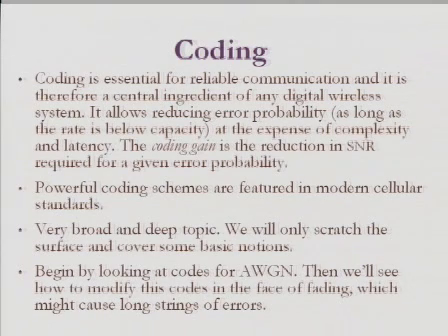So let me repeat. The question is, when we say that the rate should be below capacity, which rate are we talking about, right? That's a very good question. So it's information rate. So it's the number of information bits per second. And this is a very important point because there are information bits and there are coded bits, as we'll see now, in this section.